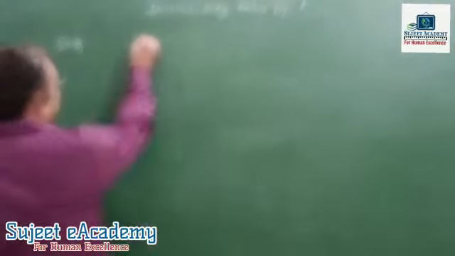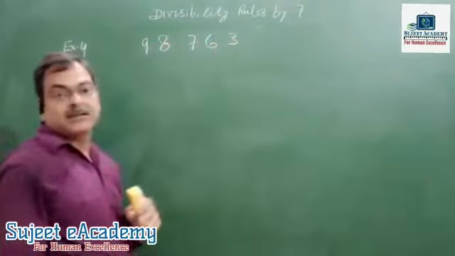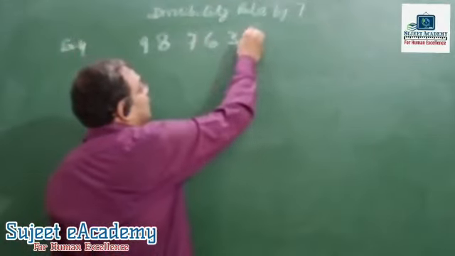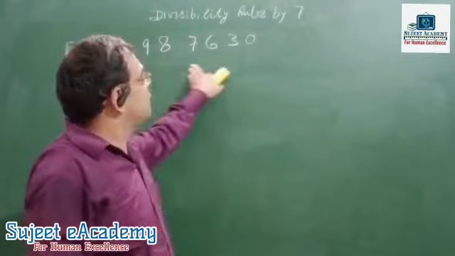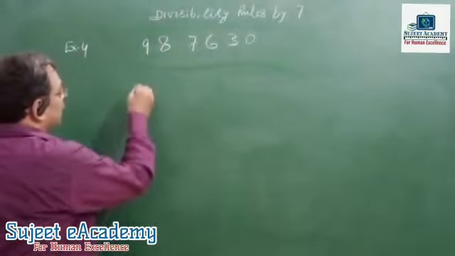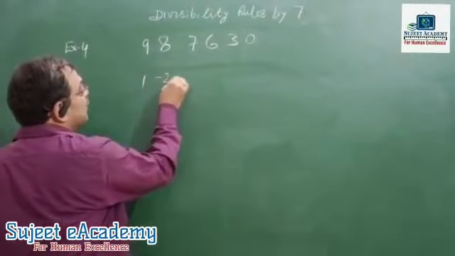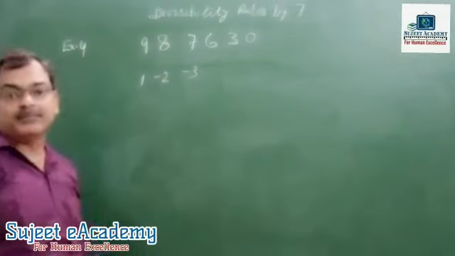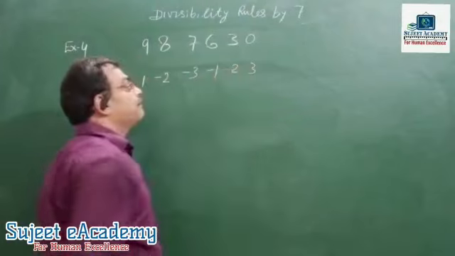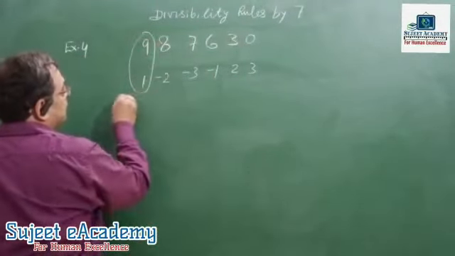Now select a number, 98763 with 0 appended: 987630. To test whether this number is divisible by 7 or not, you use the multipliers 1, minus 2, minus 3, minus 1, 2 and 3. Then you multiply in the same order.